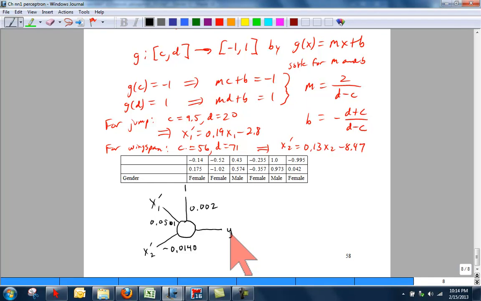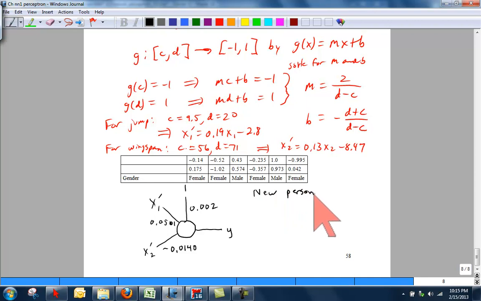What happens then when you want to use this thing? Because you don't build neural networks just to train them, you build them to later do recognition of people or inputs that the network has not seen before. That's called generalization. So suppose along comes a new person, and we want to know the person's gender, and it would be too boring to just ask them or look at them, so let's ask them to do a jump for us, and also we'll measure their wingspan.